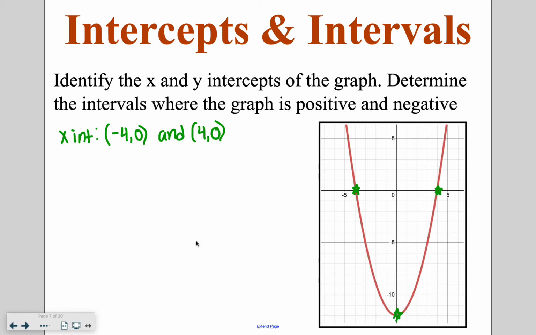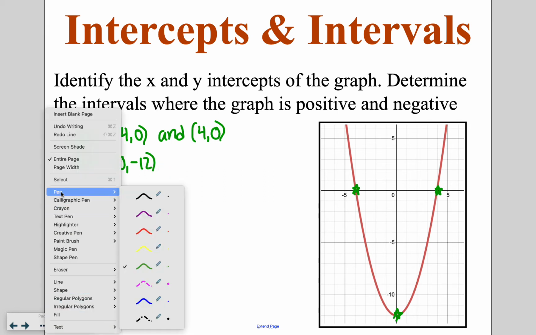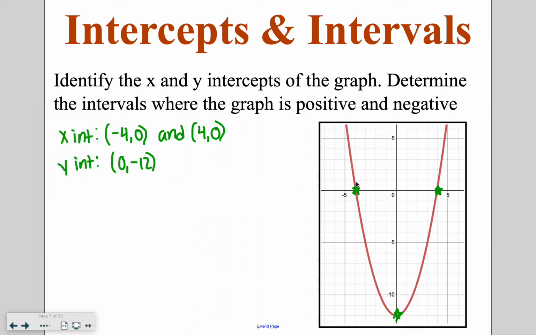And then in this case, we also have a y-intercept, which is going to be at 0, -12. Looking at our positivity and negativity then, we have two different parts of the graph that are positive. This piece on the left and this piece on the right.